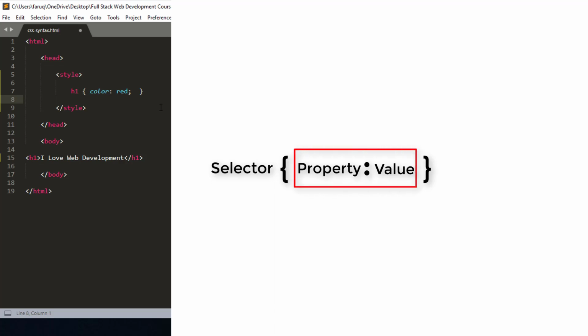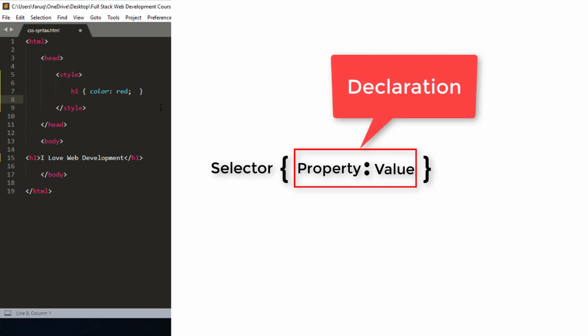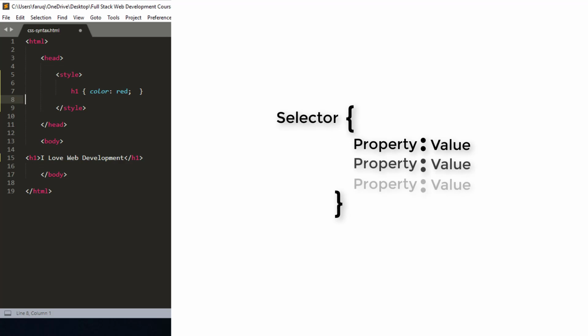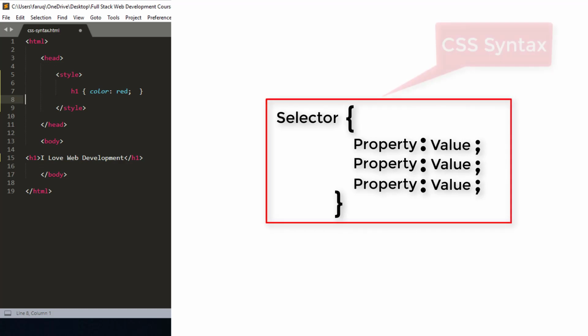Each property value pair is called a declaration. Multiple declarations are separated by semicolons. This is the syntax of CSS. We have to follow this syntax strictly, otherwise it will not work. Let's practice the CSS syntax with an example.